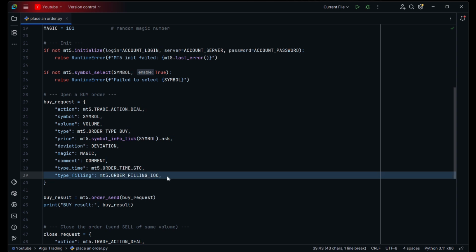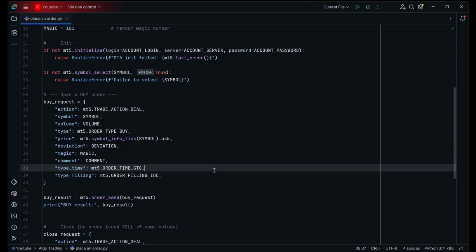Immediate or Cancel means if your order isn't executed the first time, if the deviation is too high or something, it will be directly cancelled. But here it's written Good Till Cancel. So if the order is cancelled, we just pass and we don't care anymore about this request, we just delete it.